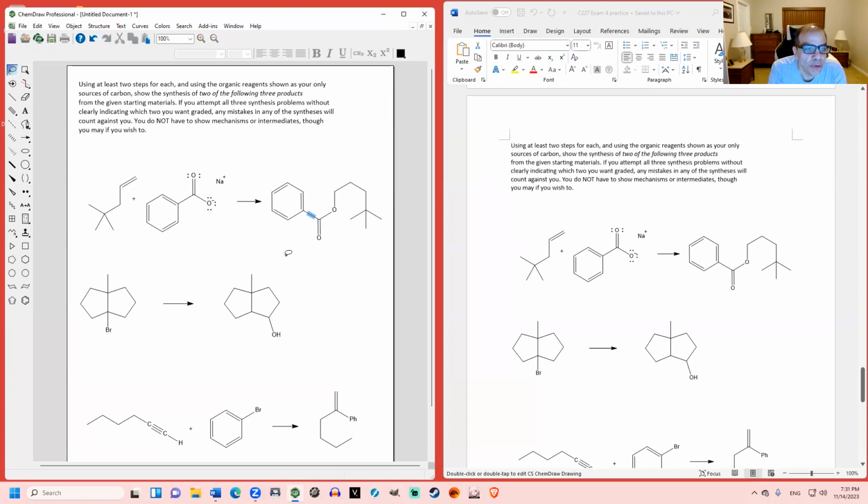So what you should always do first is count the carbons. And one thing I'm sure I'm going to say tomorrow is write it down. 1, 2, 3, 4, 5, 6, 7. 7 carbons. Write it down. They'll probably get you a few points. And then this also has 7 carbons.